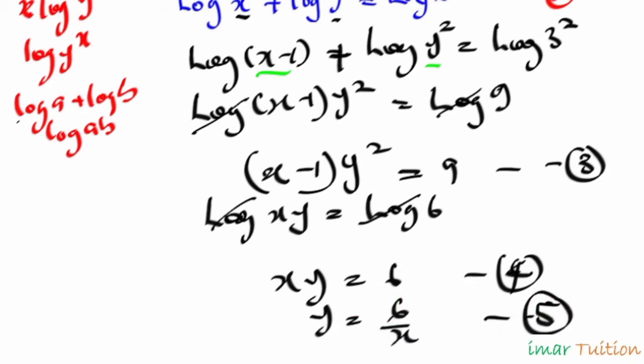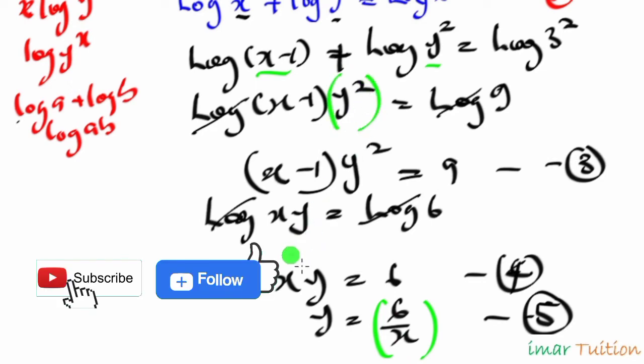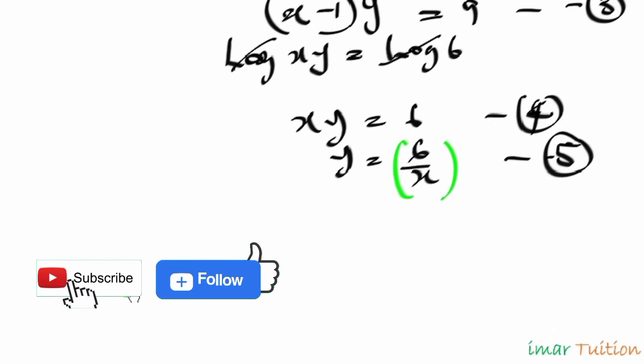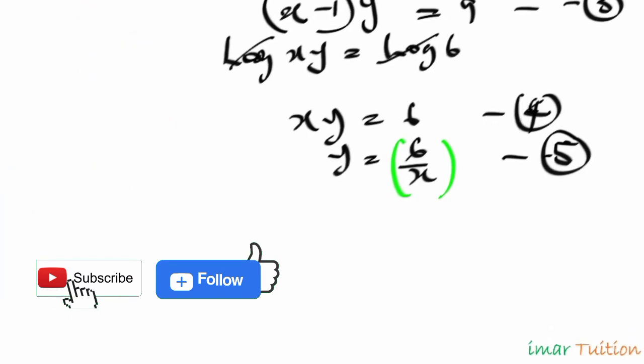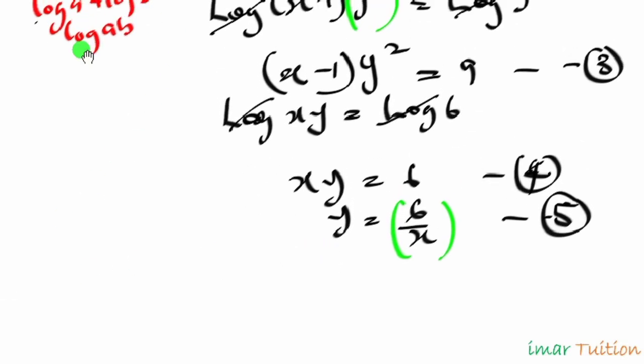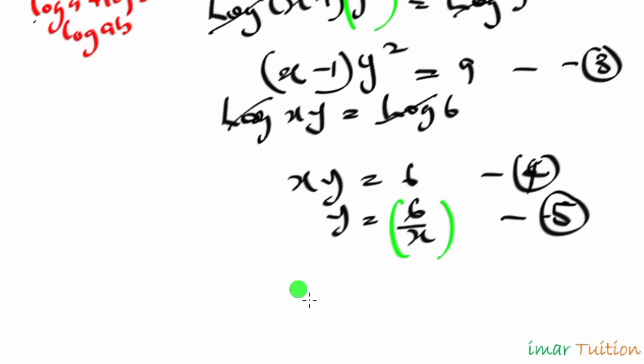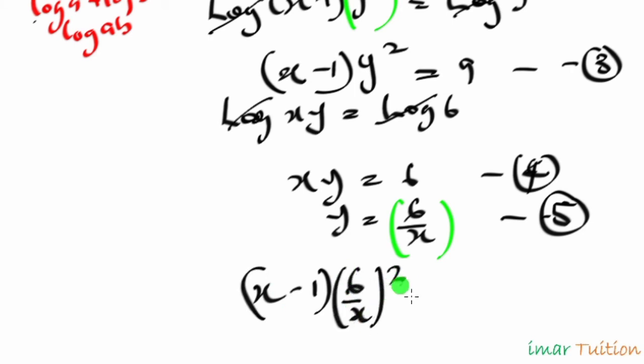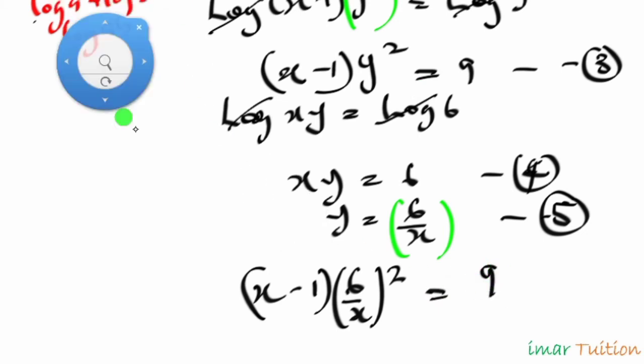So we'll put the value of y equal to 6 over x to replace y in our y squared here. If you do that, we'll have (x - 1) times (6 over x) to the power of 2, because y is to the power of 2 here, to be equal to 9.